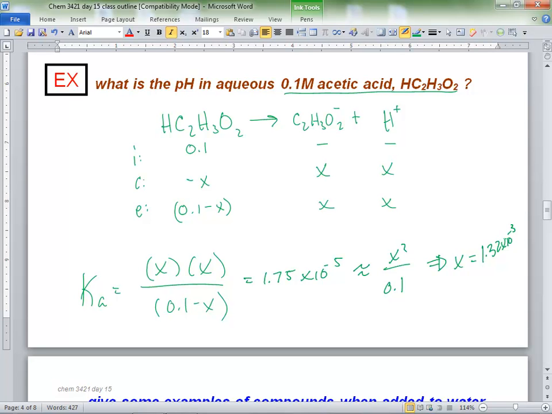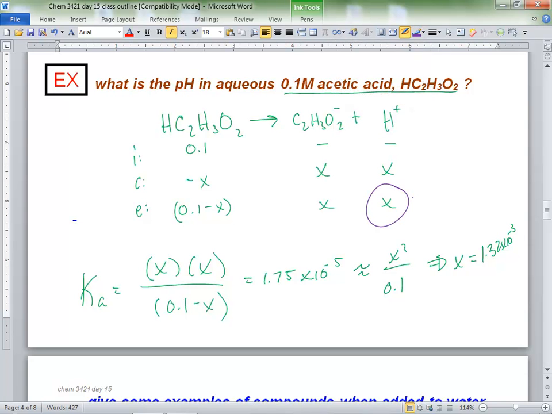So that's my x, but we want pH. Naya, we want pH. So how are you going to get the final answer here? Exactly. Plug the x into the negative log, because the x is the hydrogen ion concentration, right? It is.